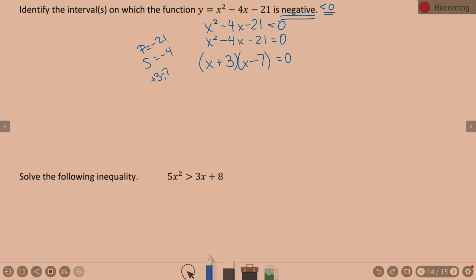Okay. Set each part equal to 0. X plus 3 equals 0. X minus 7 equals 0. What do I get for my zeros? -3 and 7.